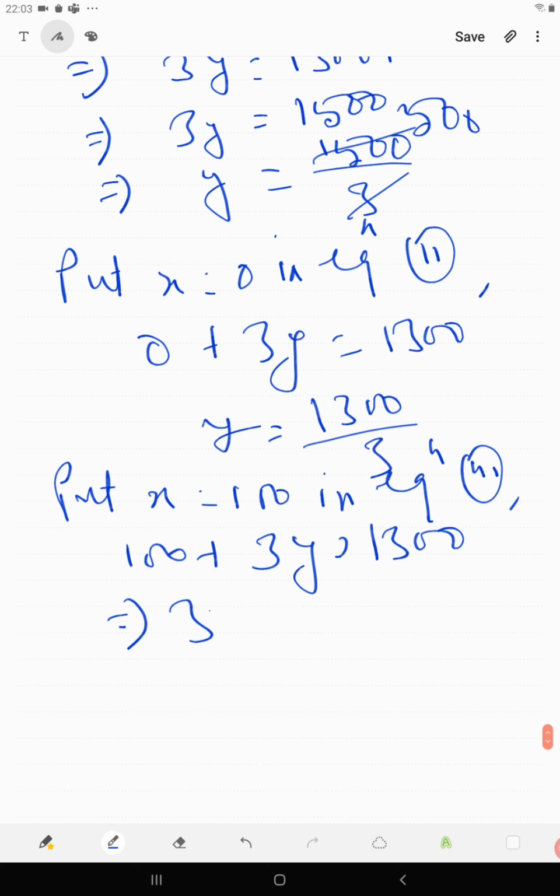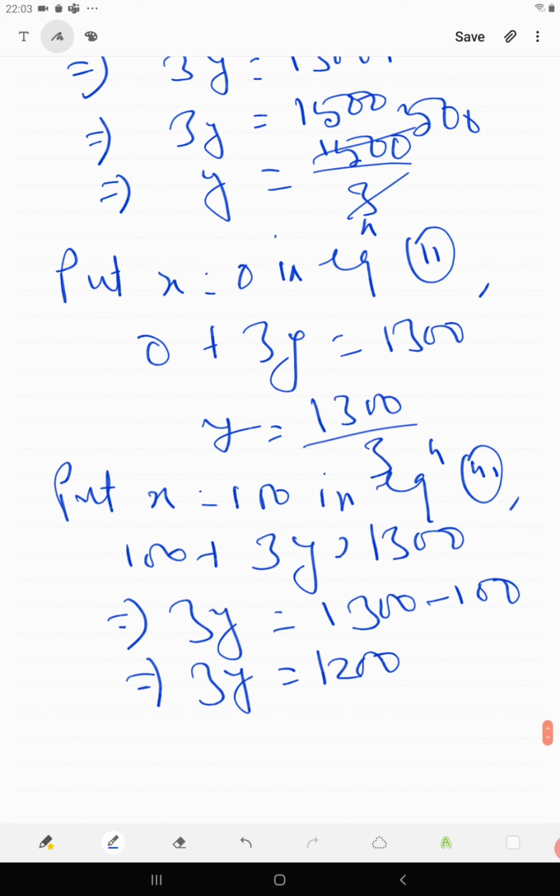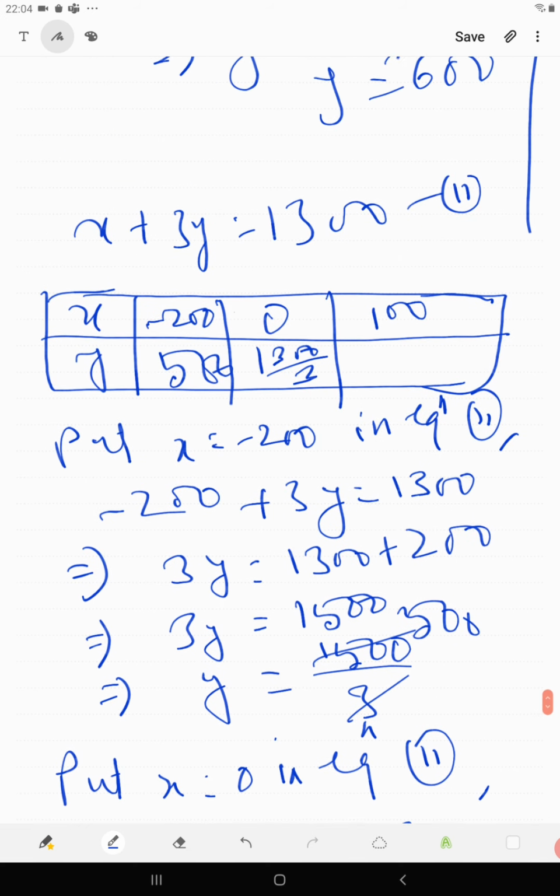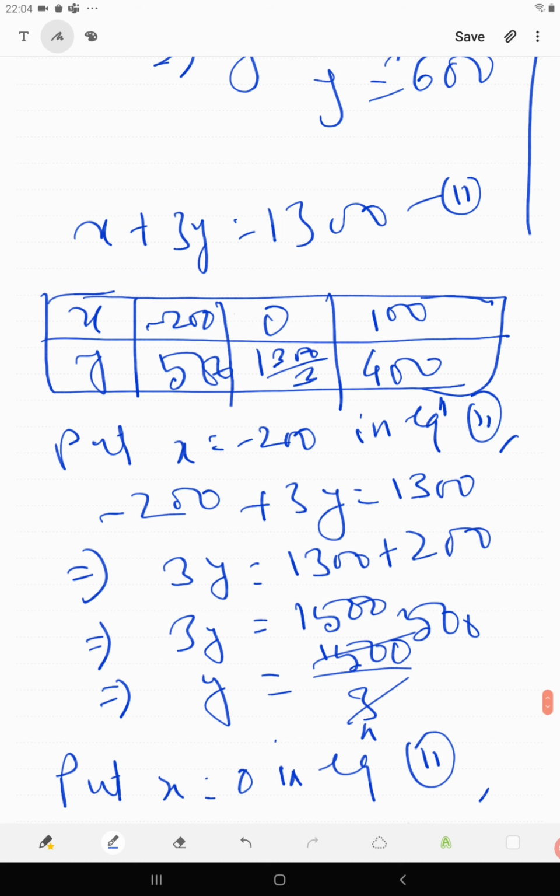So simplifying, 3y equals 1300 minus 100. So 3y equals 1200. So y equals 1200 by 3. That is 400. Correct? So we got 400 over here.